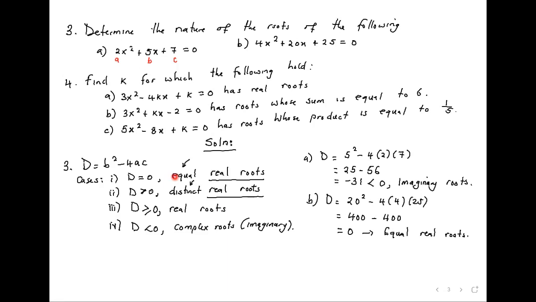Good. So we use D greater or equal to 0. But what is D? D is b squared minus 4ac. It must be greater or equal to 0. So b is negative 4k, squared, minus 4, a is 3, c is k.